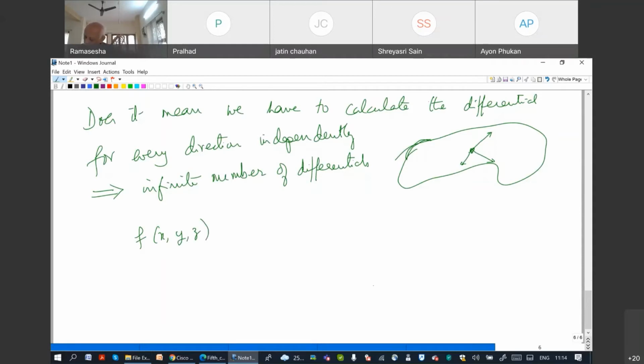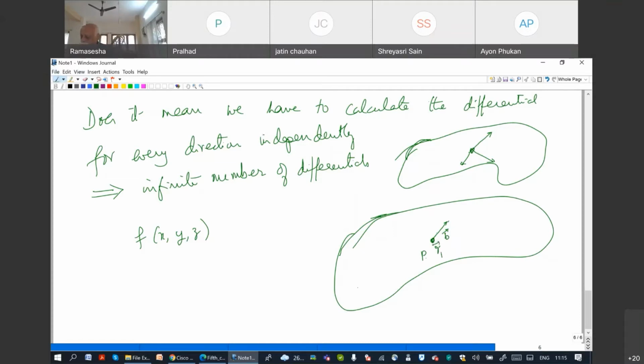And let us say that I have a surface like this and a point P, and I want to find out what the differential is around the point, along the direction B. The points along the direction B, so this is called R naught, RP, let us say.